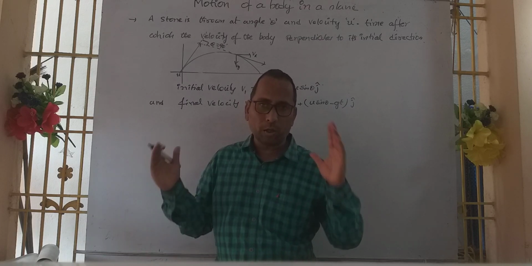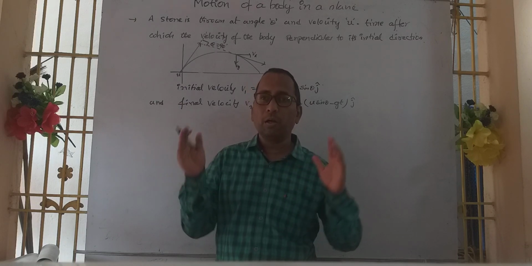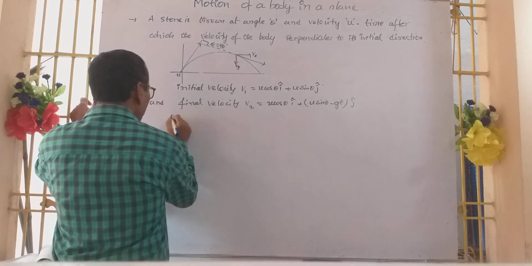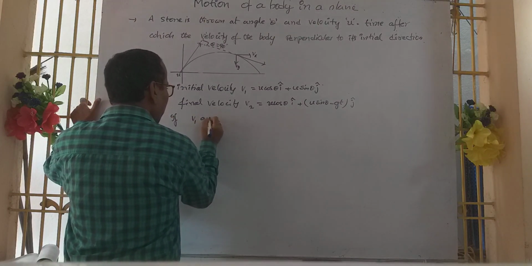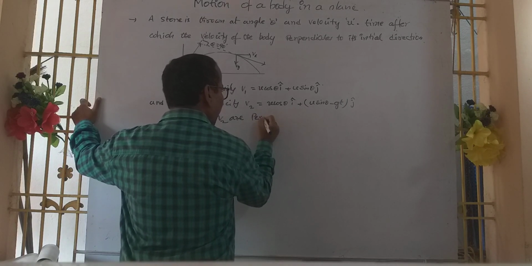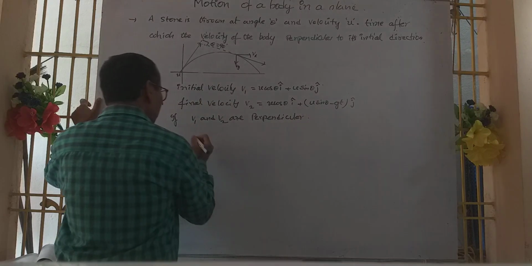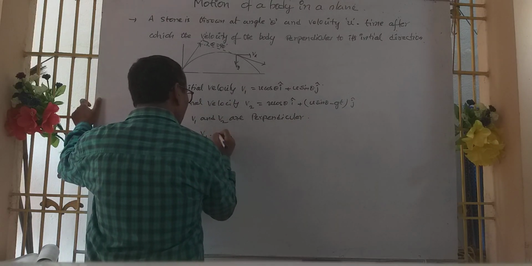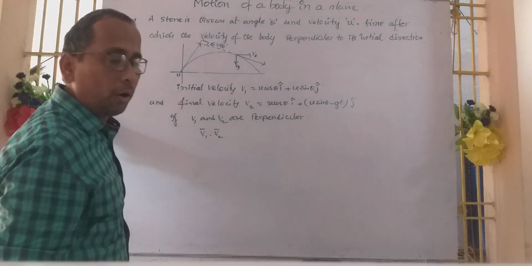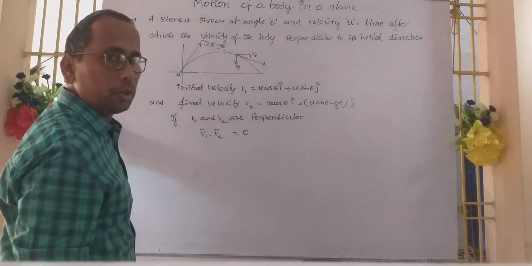Everybody knows this; you have to understand the concept. So if v1 and v2 are perpendicular, then v1 bar dot v2 bar is equal to 0.